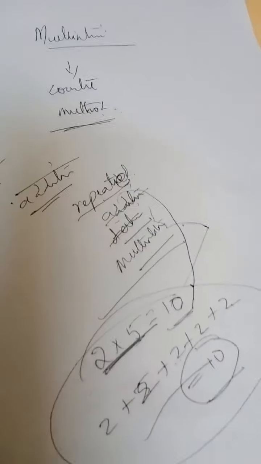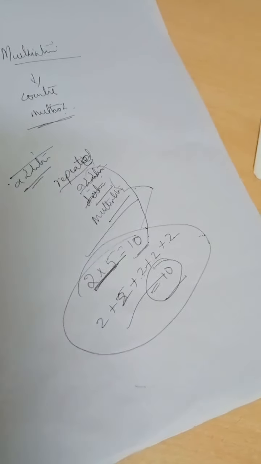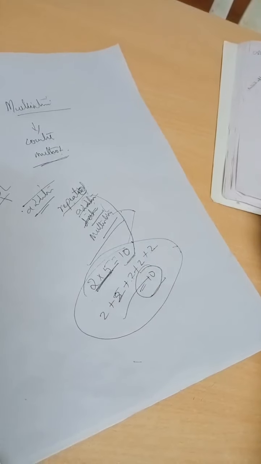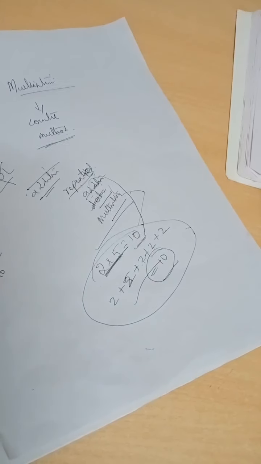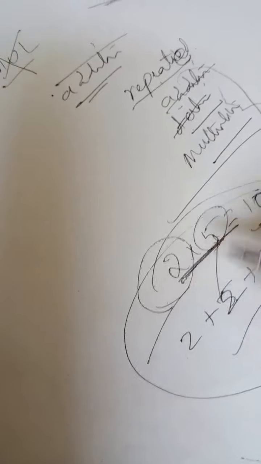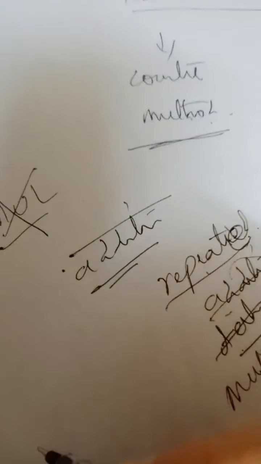Now how to write the program for multiplication of 8-bit numbers? Simple thing. We have to draw the algorithm. We will take this 5 as a count and this 2 as a number. How can we do this count and number?